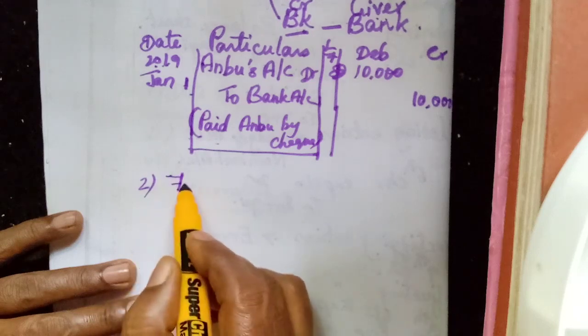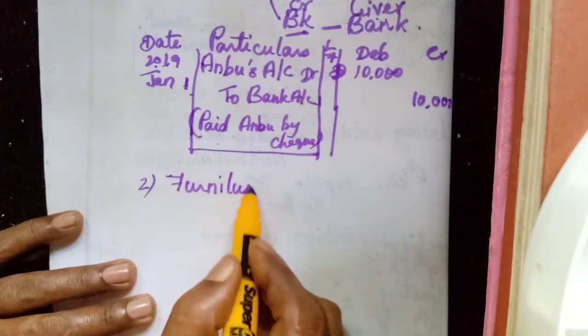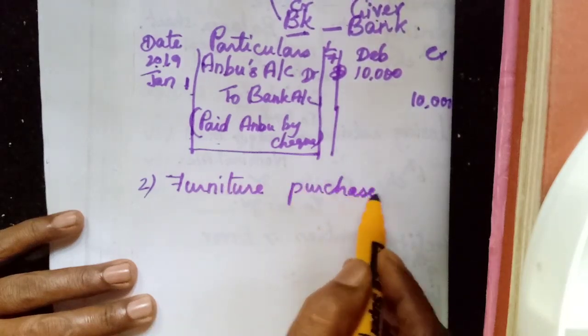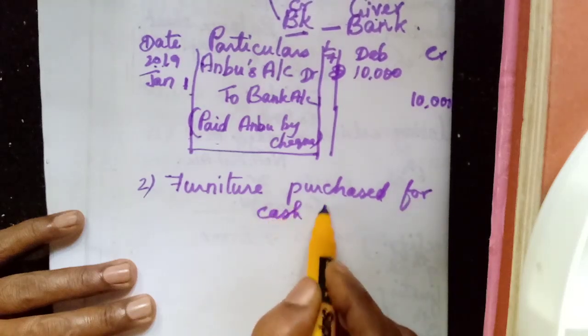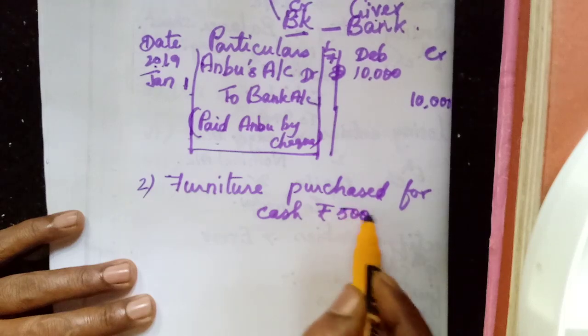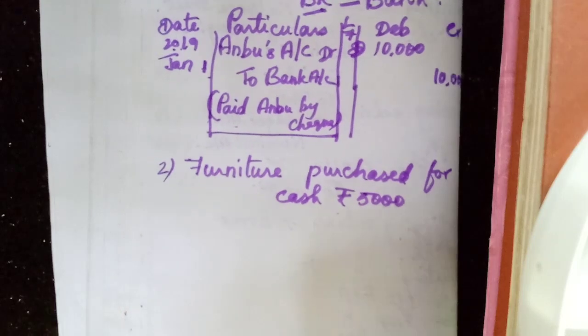Next transaction: furniture purchased for cash, rupees 5,000. Now first, what should we do?